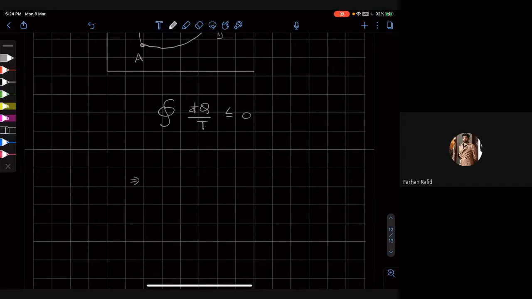We can have path 1, which goes from A to B, so we have dq over T, and then path 2, which goes from B to A, but path 2 is a reversible path.